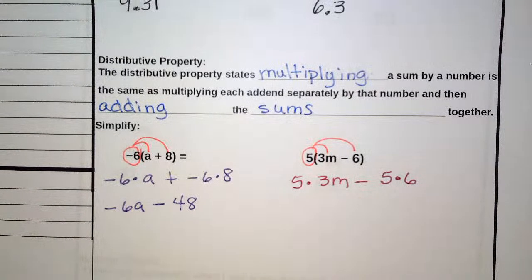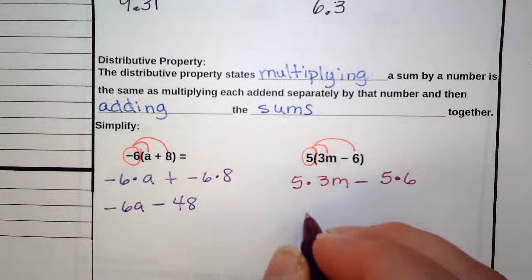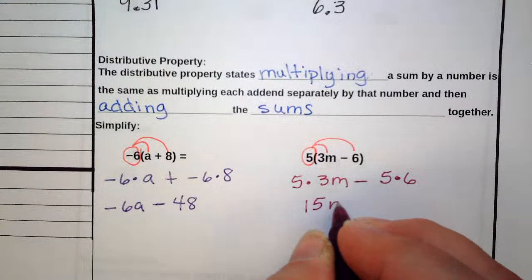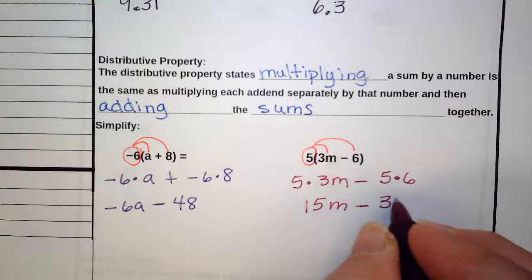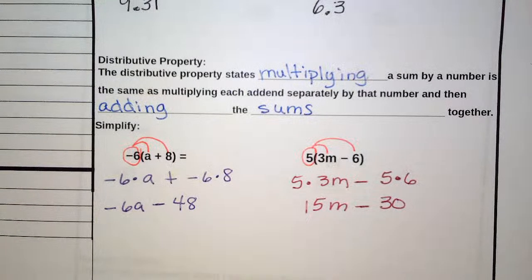Okay, I'm going to pause there so you can look and make sure you're understanding. We're distributing, we're multiplying everything on the inside by what's on the outside. 5 times 3m is 15m. Minus 5 times 6 is 30. Hopefully this is becoming easier the more we do it.